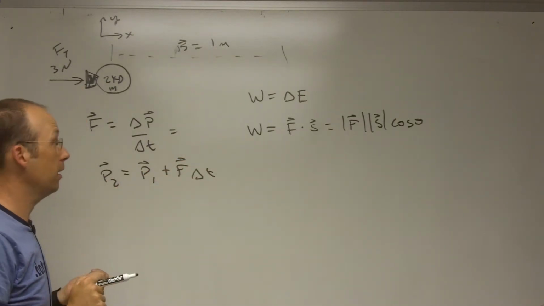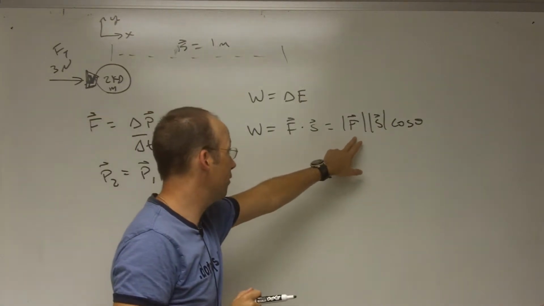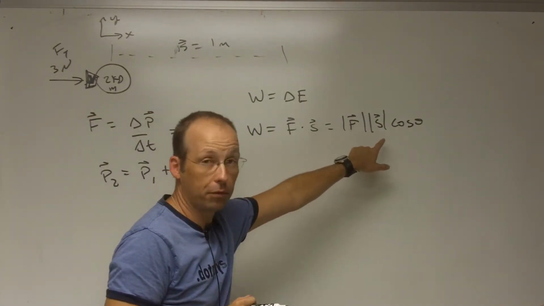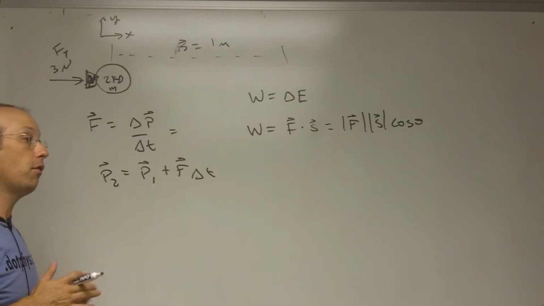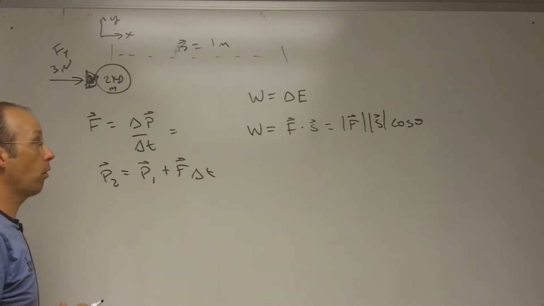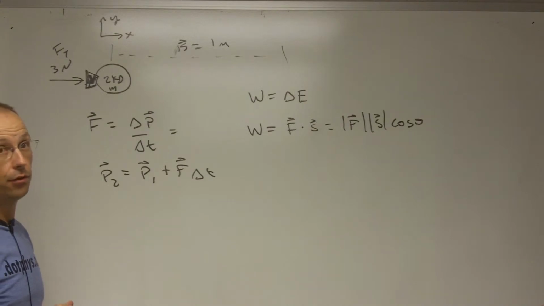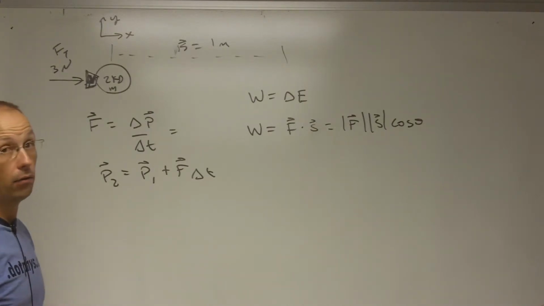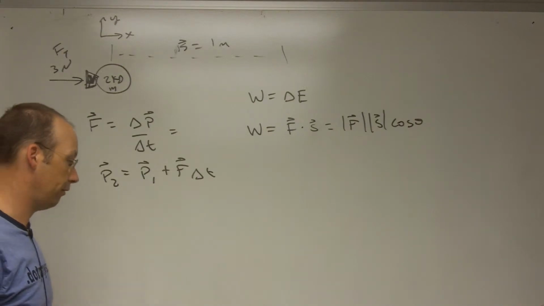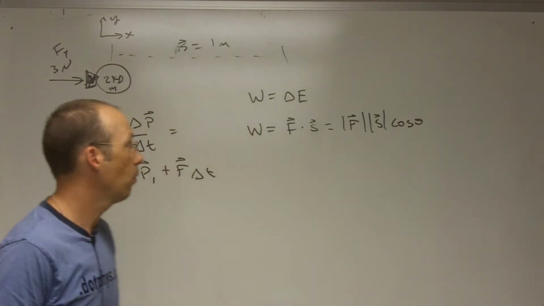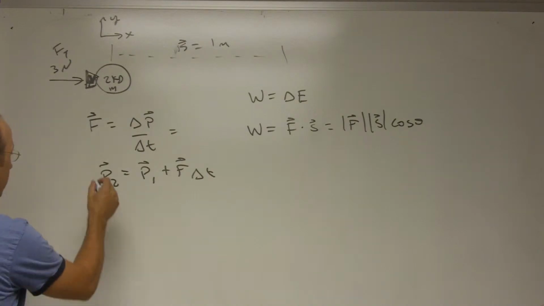But here you see, this is a product of force and displacement, not force and time. So when we deal with things that move over a certain distance, the work energy principle is much easier to use. Now, let me point out one other huge difference between the work energy and the momentum principle.